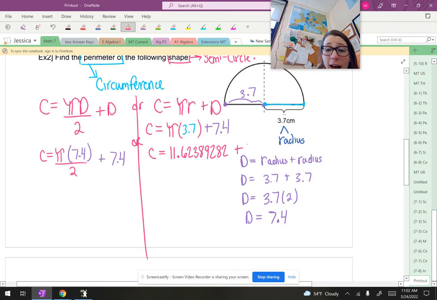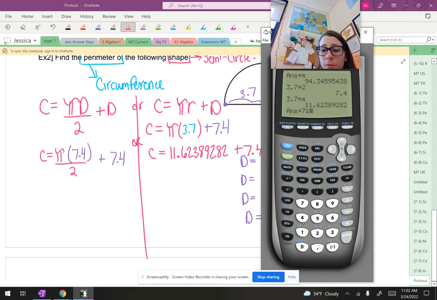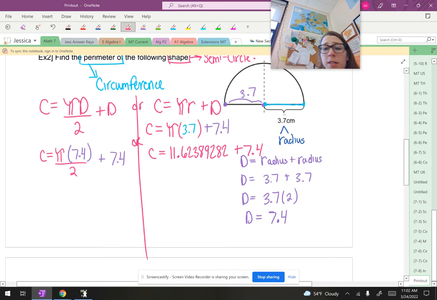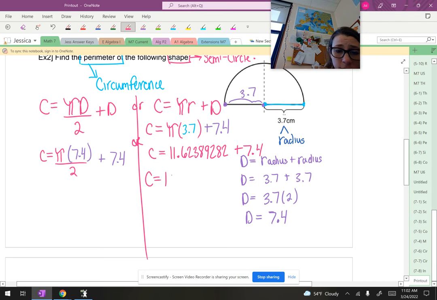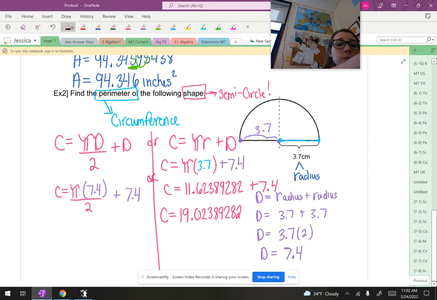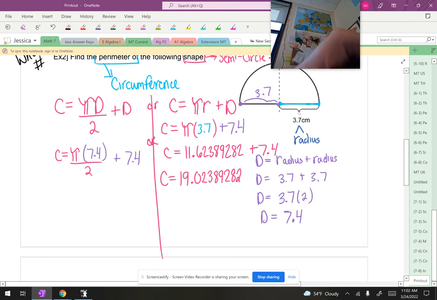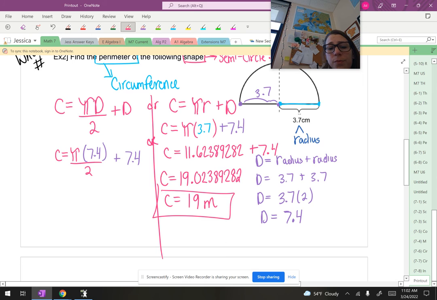Don't forget to add that 7.4 back in to get a circumference that is equal to 19.0238982. It did not tell me what to round to, so we can just assume that we're going to round to the nearest whole number, which would give us a circumference of 19 meters.